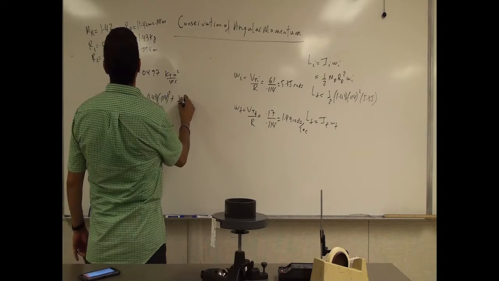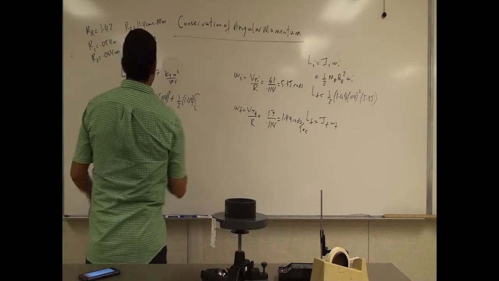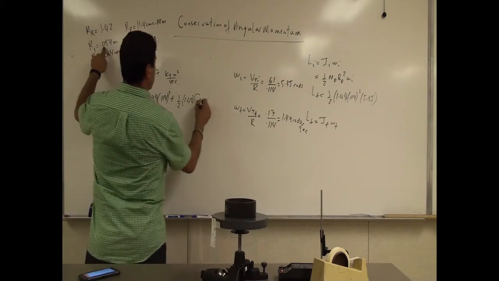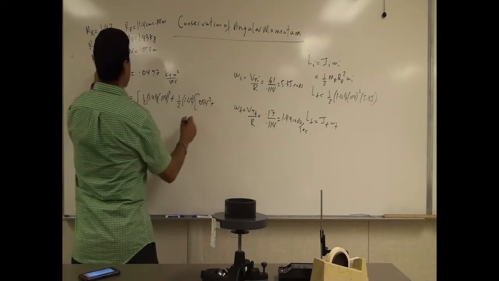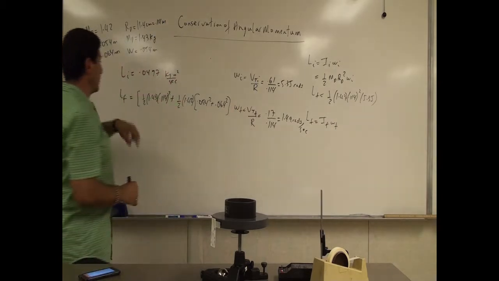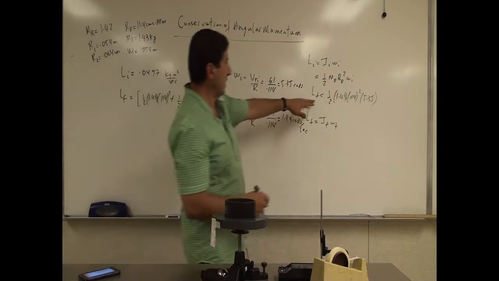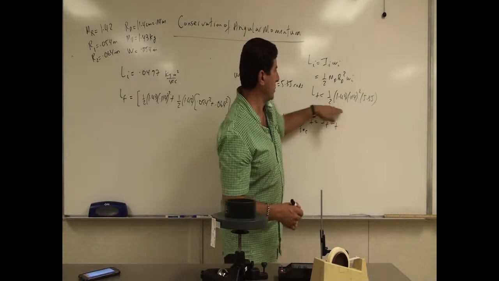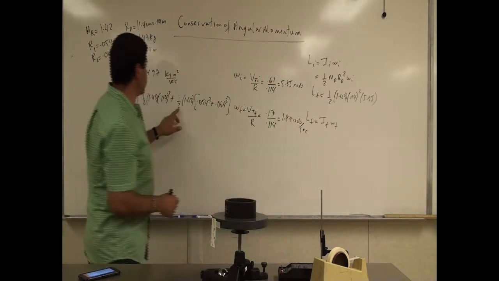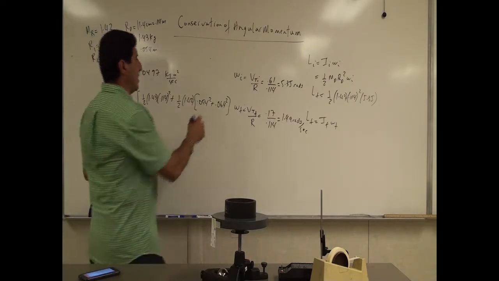So 1/2 the mass of the ring, which is 1.42, and then the inner radius, 0.054 squared, plus the outer radius, 0.064 squared. Right, so this gives you the total moment of inertia, the original moment of inertia of just the disc, plus the moment of inertia of a ring: 1/2 the mass of the ring times inner radius squared plus outer radius squared.